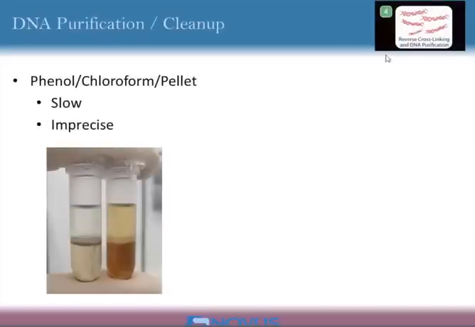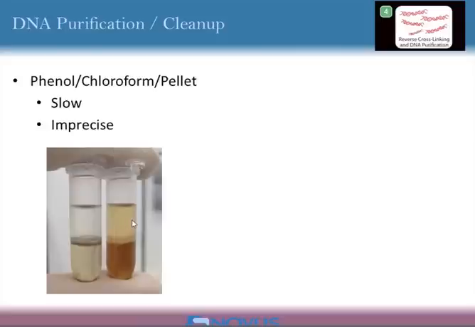The next step, of course, is purifying the DNA so that you can use whatever assay you're going to use down the line. Now, most people, again, either do a phenol chloroform pellet step, which is fairly slow since you're having to mix the DNA in multiple stages with the phenol and the chloroform and letting it rest and shake it, and then having to pellet afterwards.